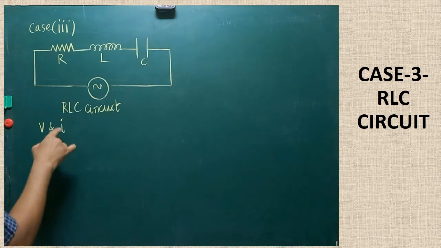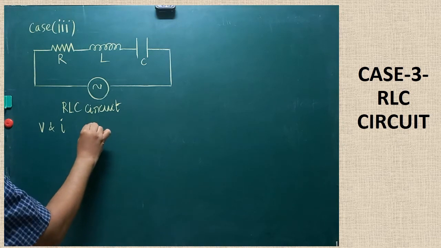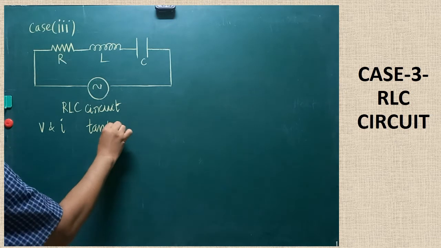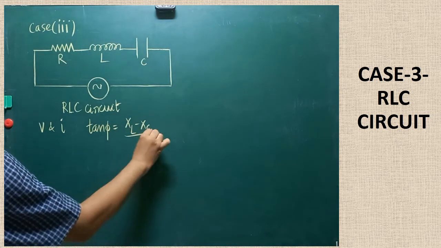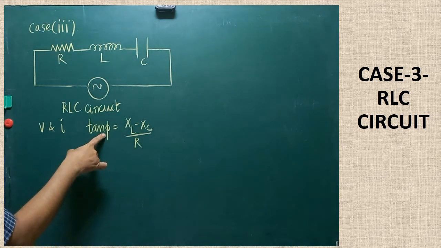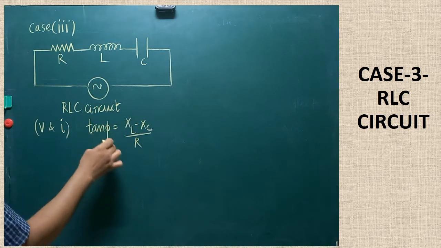The phase difference can be calculated by the formula tan pi equal to XL minus XC divided by R. Here pi is nothing but the phase difference between the voltage and current.